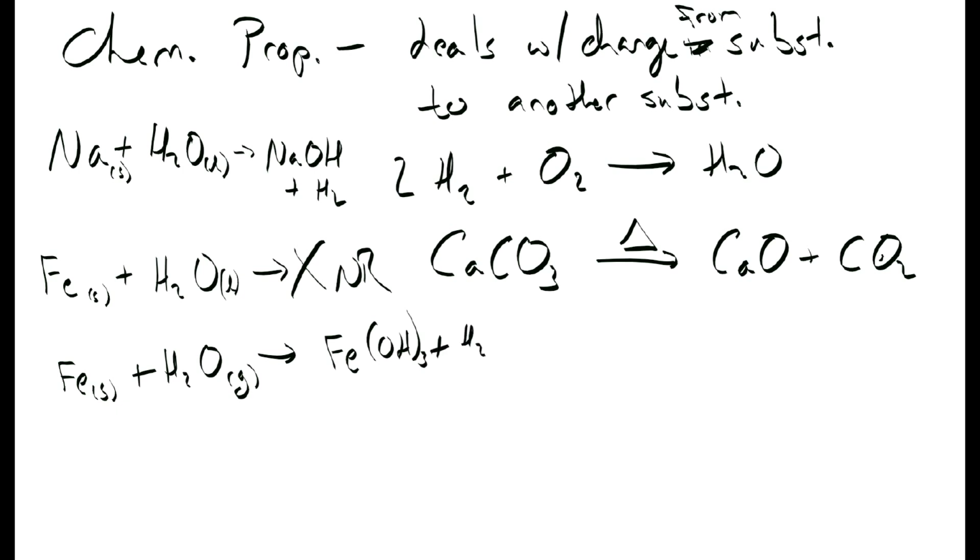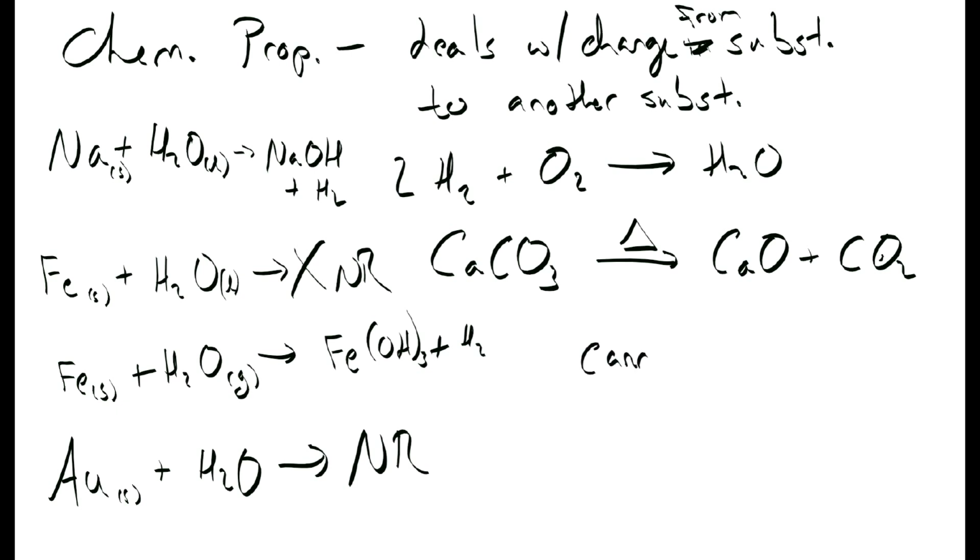By contrast, going even further down this sort of scale, gold will never react with water. Solid, liquid, gas, doesn't matter. Gold just doesn't react. Ever. Okay? These are all examples of chemical properties. They deal with the change of substance into another substance. You cannot measure a chemical property without causing a change in substance.